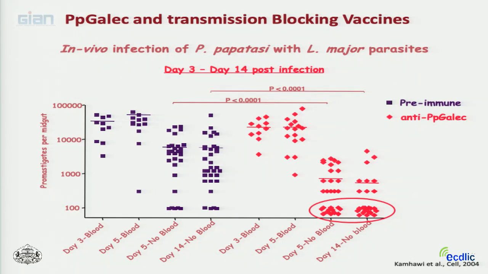And we looked at the number of parasites in the midgut at various days after feeding. And if we look at the time when the blood was still present, whether we had fed the flies on control antibodies or antibodies containing the anti-galectin antibodies, the numbers of parasites were the same.